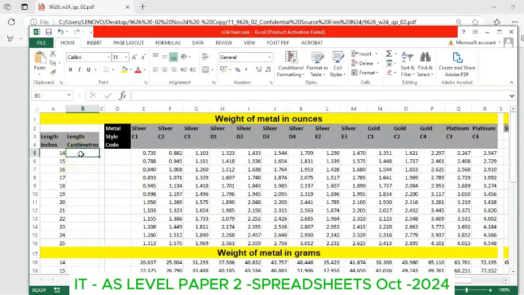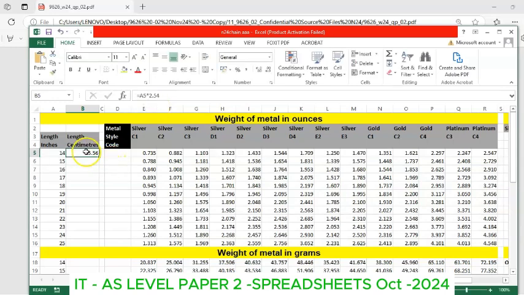So we are going to say equals to this value in inches multiplied by 2.54. So that will be our value in centimeters. But our question, sorry, it's not 5 point, it's 2.54.